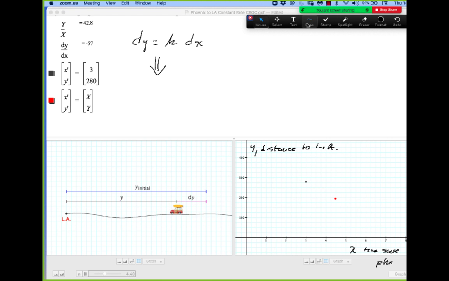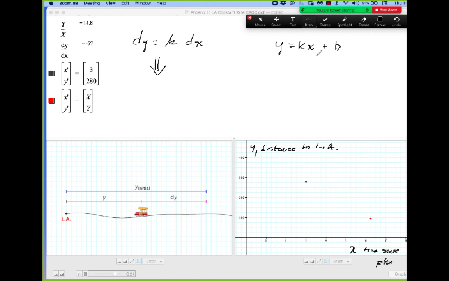And could that line be written in the form y equals kx? No, right? We've already established that. How could this line be written? Kx plus b. Right? So this is what Ashley was talking about earlier. She's talking about there being an intercept, right?